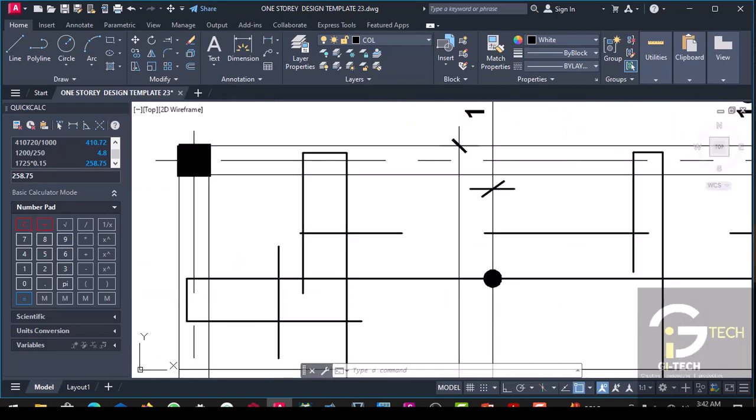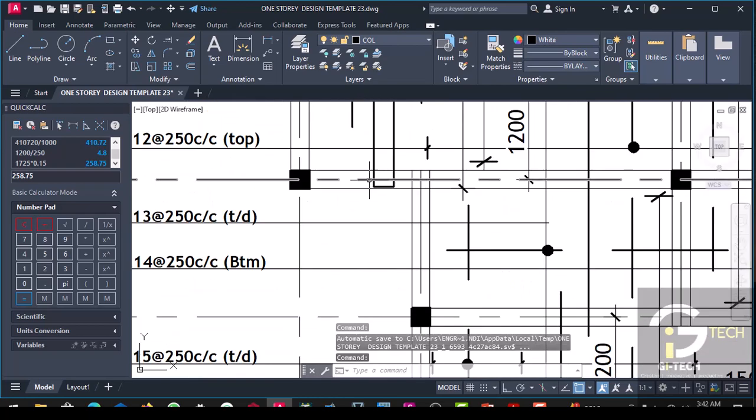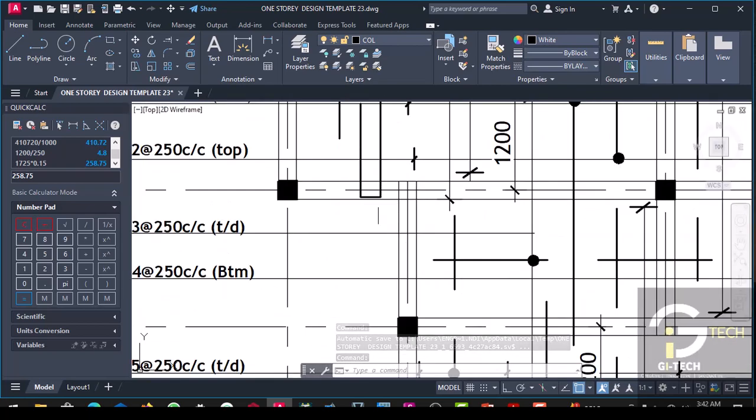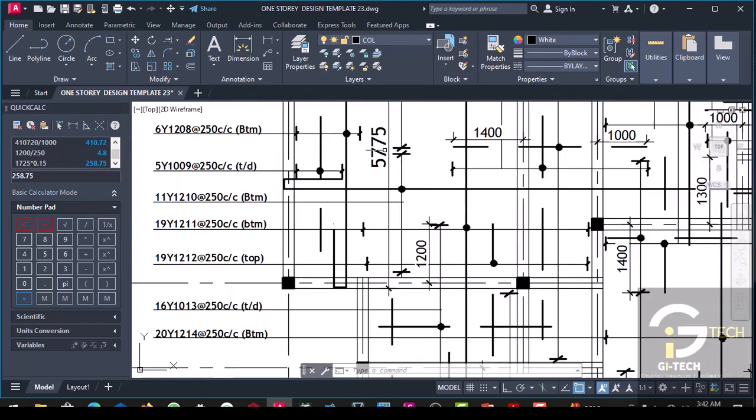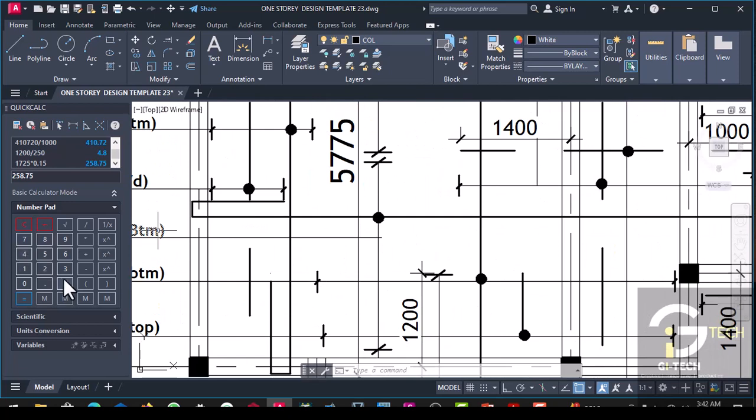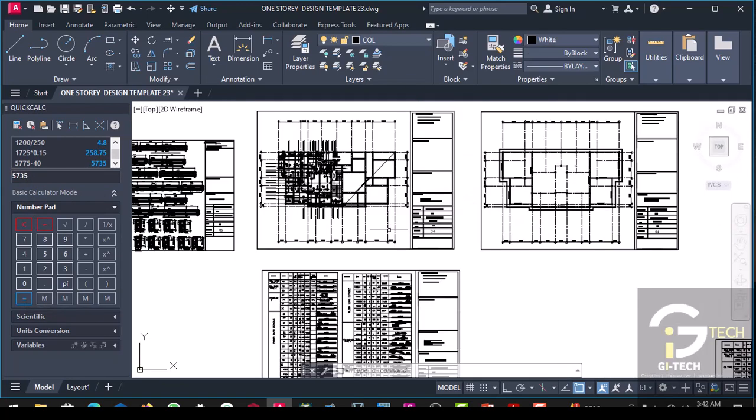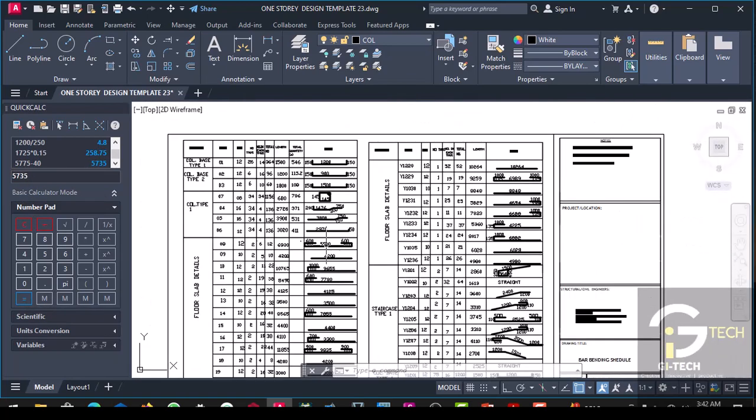So by the time we subtract 20 here and also subtract 20 here, that will give us 40. So we now say that 5775 minus 40 will give us 5735.